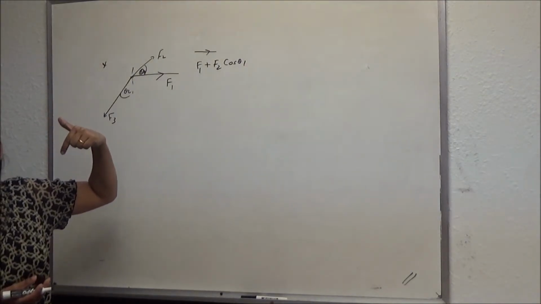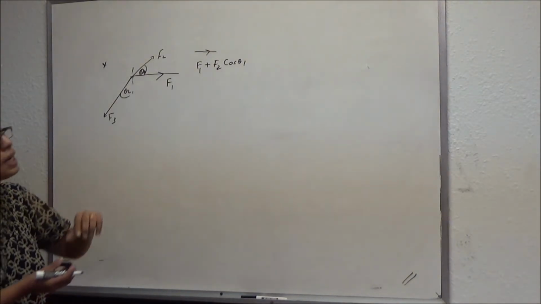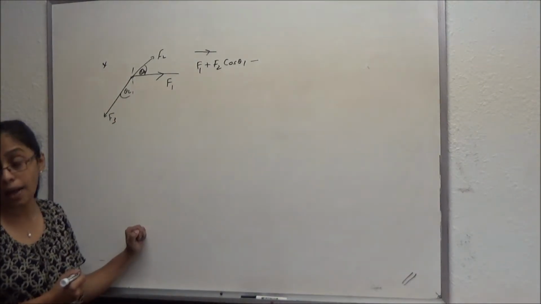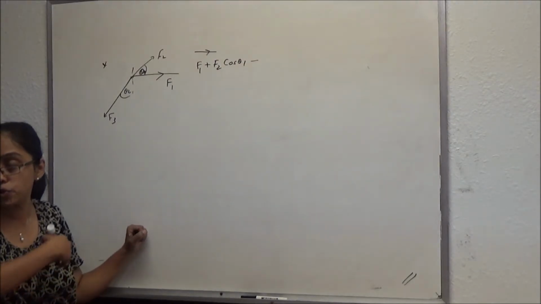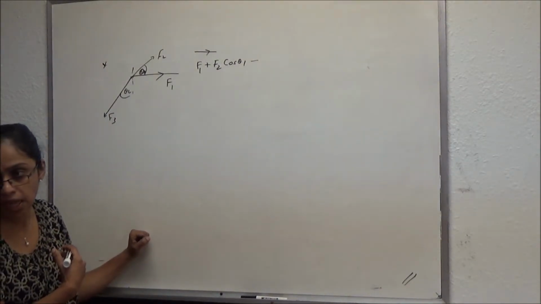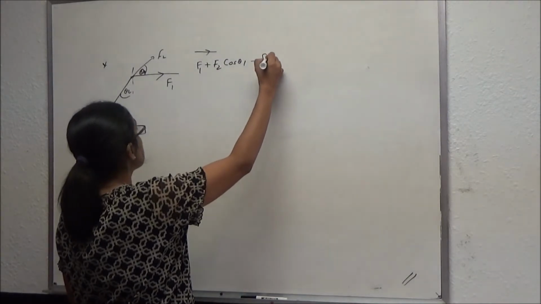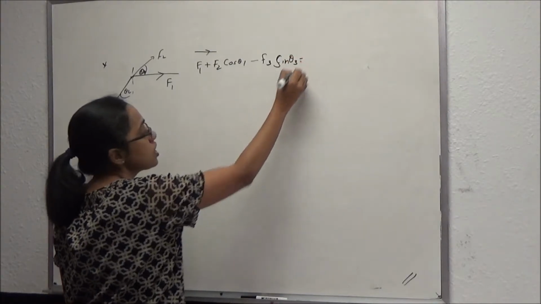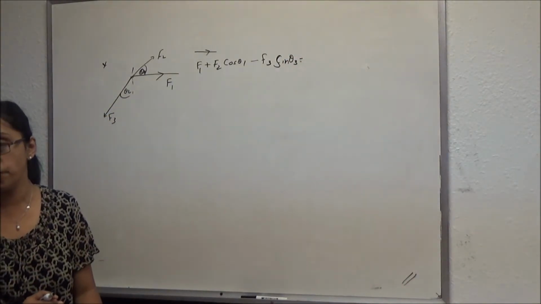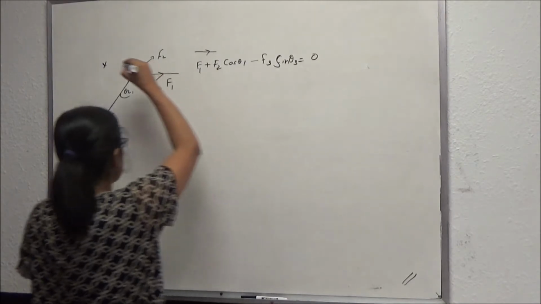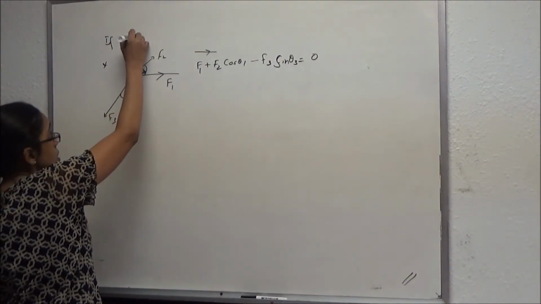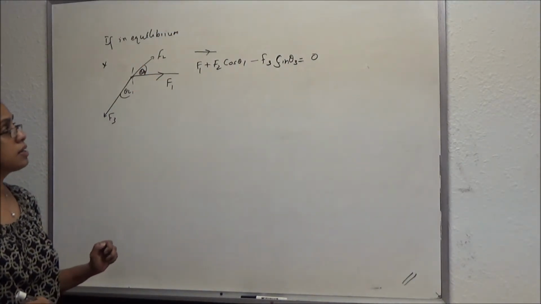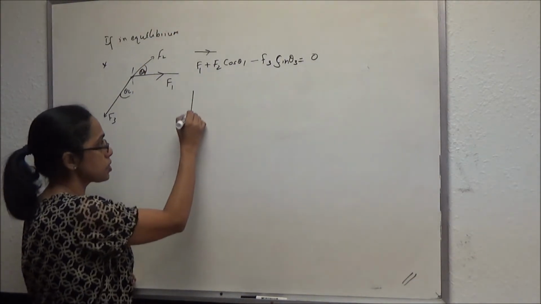What should its sign be? Negative, because it's in the other direction. So F3 sine theta 2 equals 0, if this is in equilibrium.